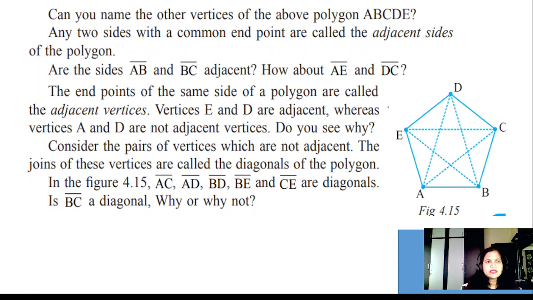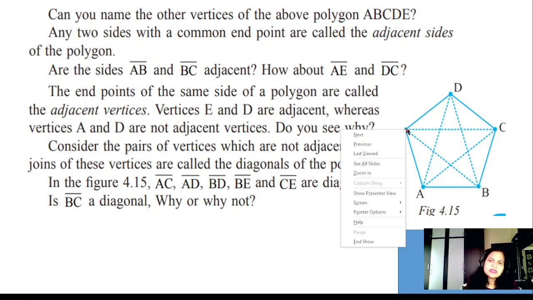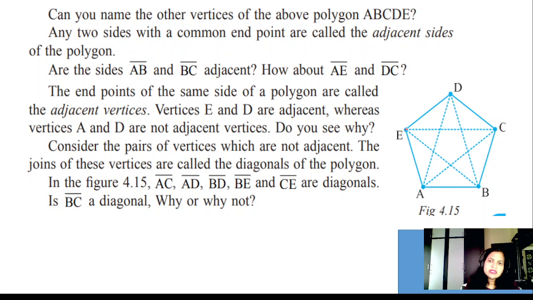Only five are there. Any two sides with a common endpoint are called adjacent sides. The sides meeting at this point, ED and EA, are adjacent sides.